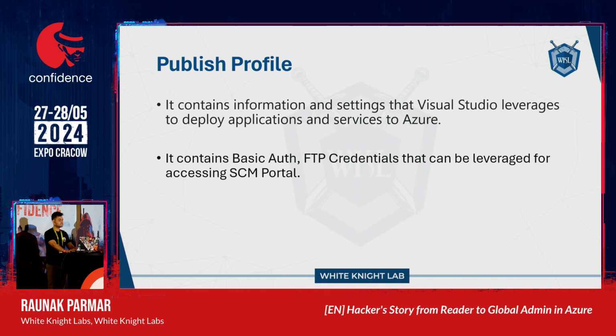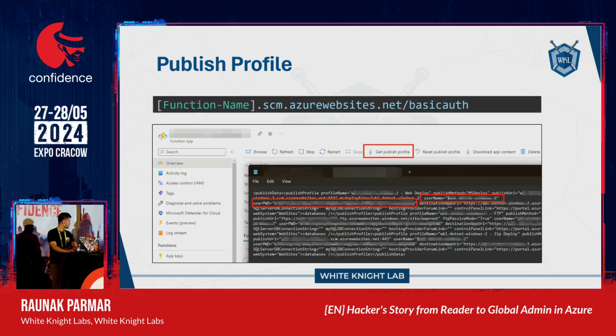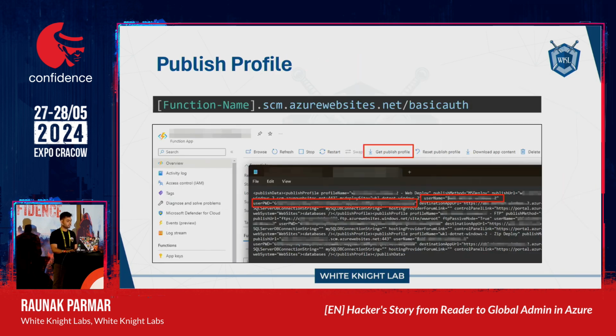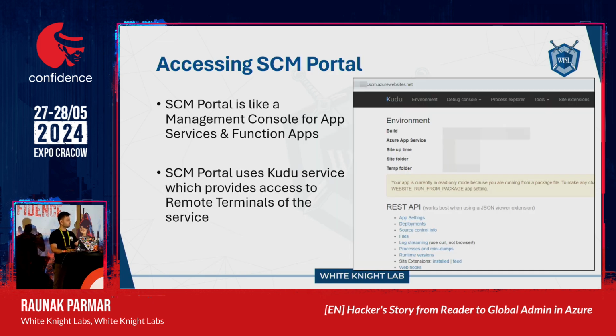A publish profile is a file which has certain credentials which Visual Studio uses to deploy applications, and it contains basic auth credentials as well. Here in the function app, we have Get publish profile. When you download it, you get a file like this, with a username and a password. Once we use it with the URL function-name.scm.azurewebsites.net/basicauth, you get the prompt to put in those credentials.